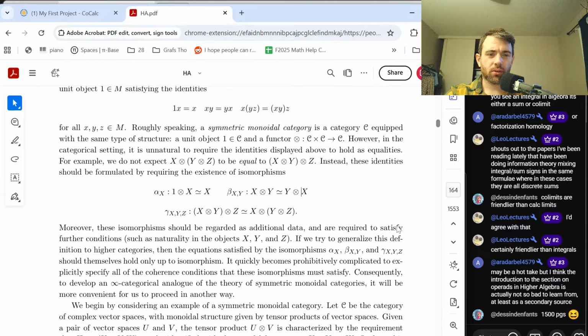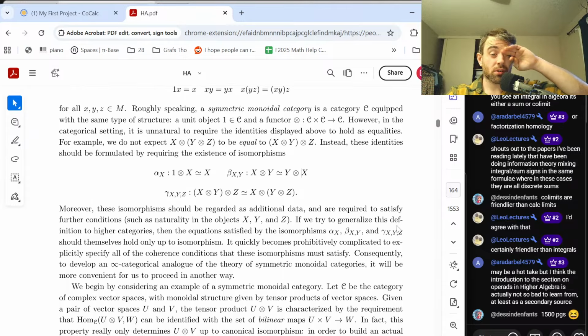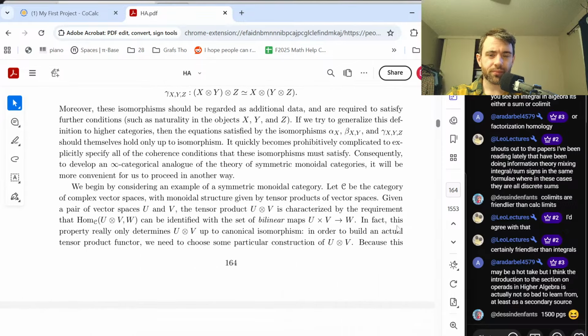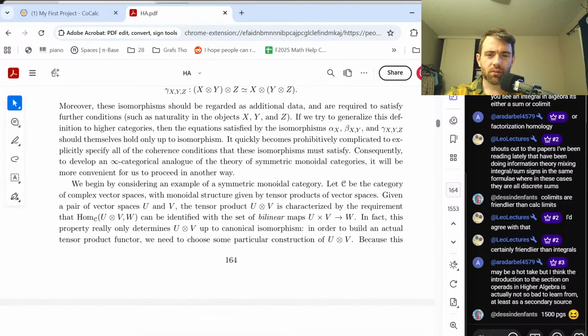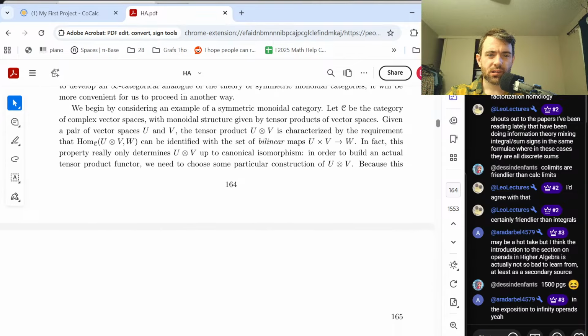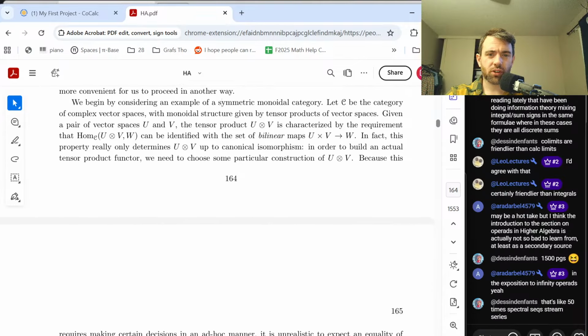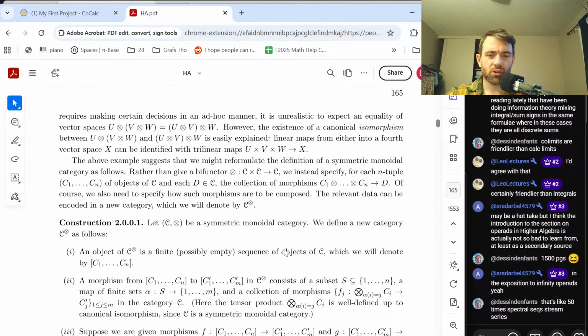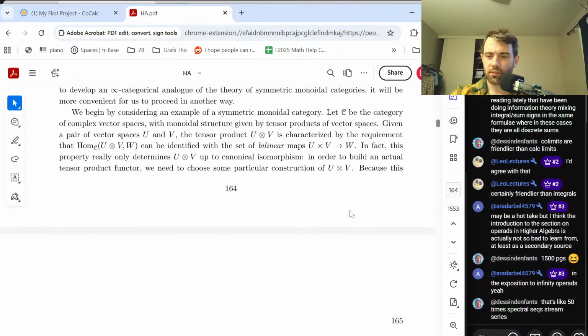Commutative monoid, symmetric monoidal category. We begin by considering example bilinear maps, rather than a bifunctor. Oh, okay. Okay. Let's read some of this.